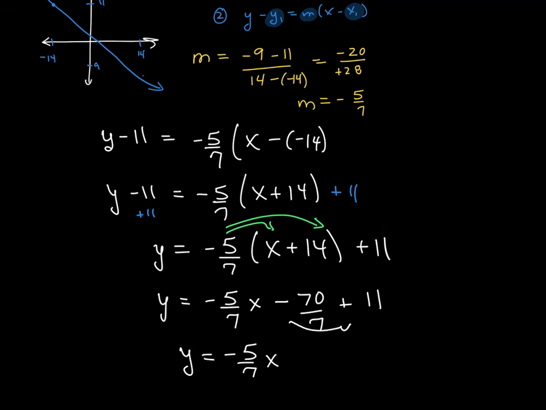I combine my numbers. Negative 70 divided by 7 is just negative 10. So this becomes negative 10 plus 11. So all of this is equal to plus 1.